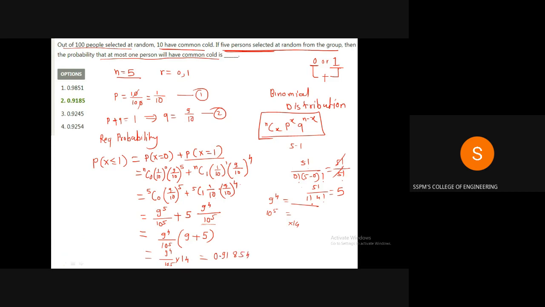The four decimal digits are given, so 0.9185. 9 raised to 4, how can you calculate that? 9 into 9 into 9 into 9. 10 raised to 5 you can directly write. If you divide this, you will get this answer. So that is how you calculate the probability of a binomial distribution.